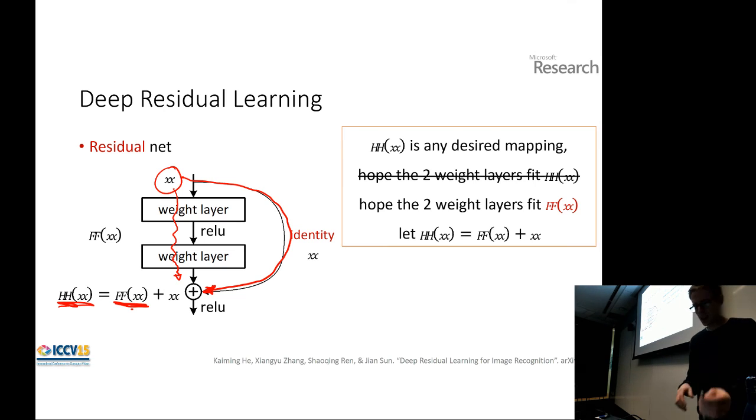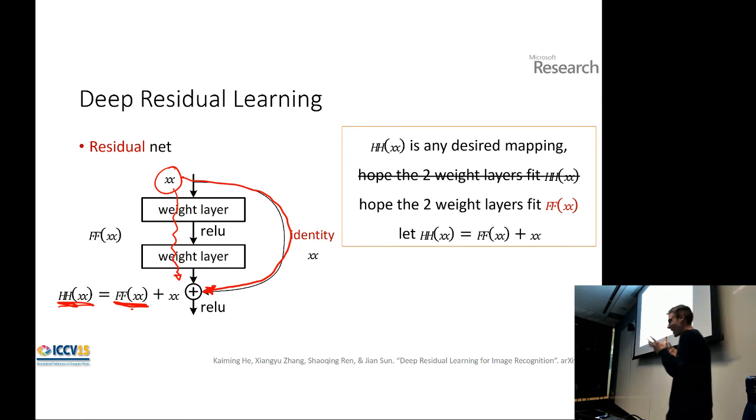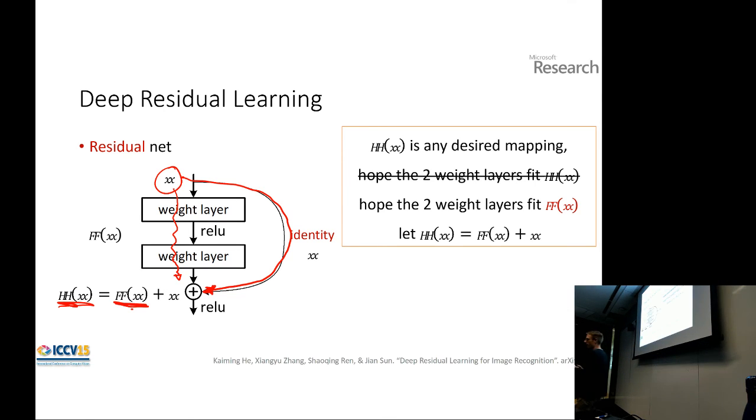So this is incredibly significant because if you are backpropagating through this function, the error is just going to backpropagate directly through that identity connection.